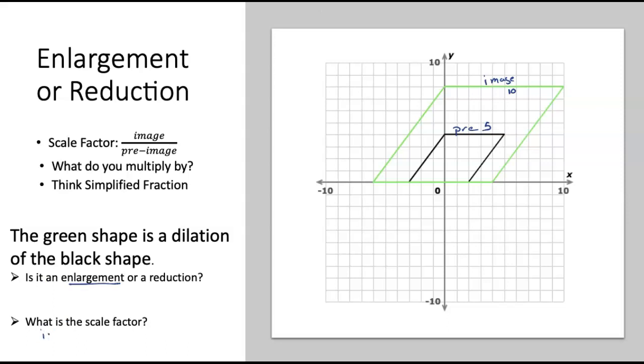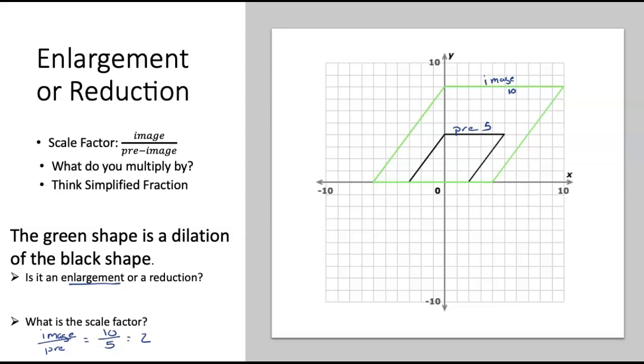I'm going to go image, my new, over my pre-image. My new image is 10. My pre-image is 5. Well, 10 divided by 5 is an even 2. So I know that my size has changed by a scale factor of 2, meaning that I could multiply each side length by 2 to find the new side length.